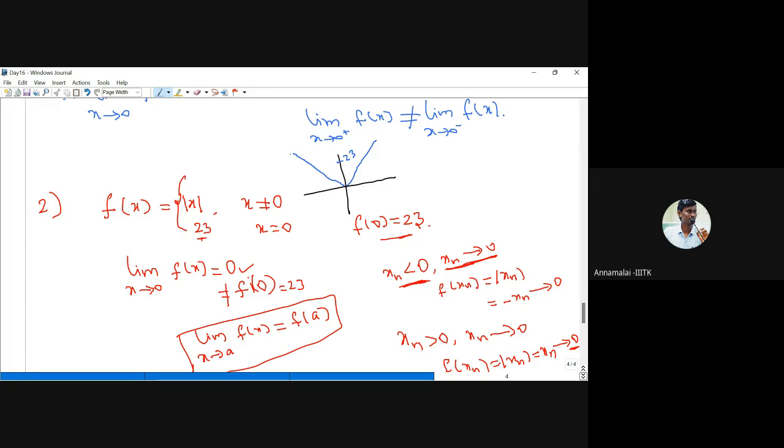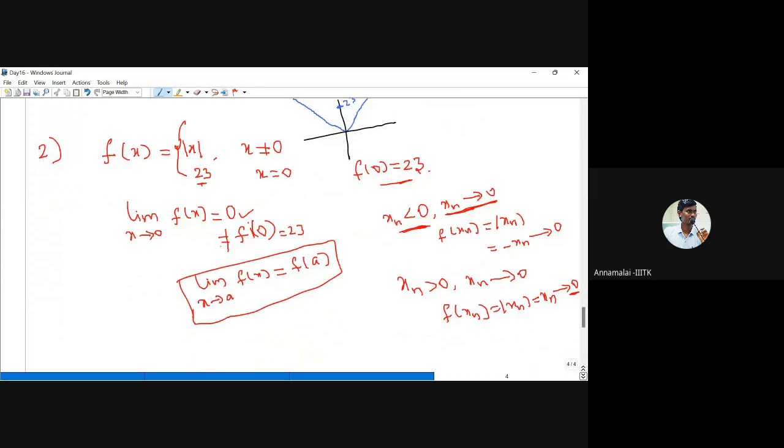From the graph itself, you can see that at the point x equal to 0, the function is discontinuous. For all other points, the function is continuous. Either you can see the picture, or you can find that the limit is 0, but that is not equal to f of 0, because we defined it to be 23.